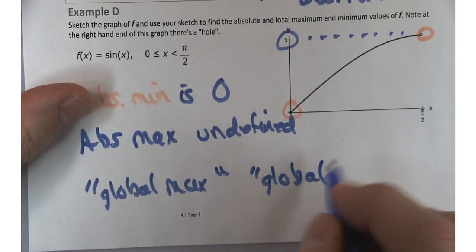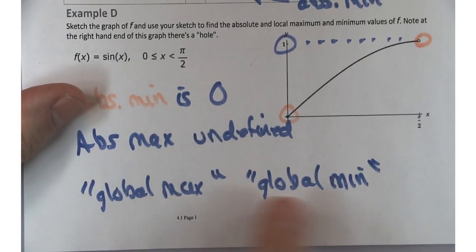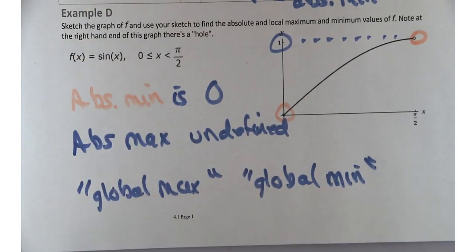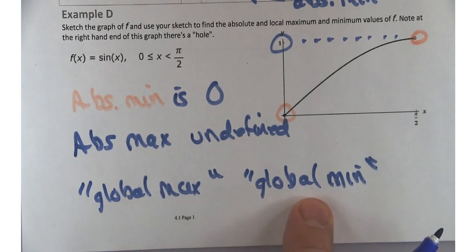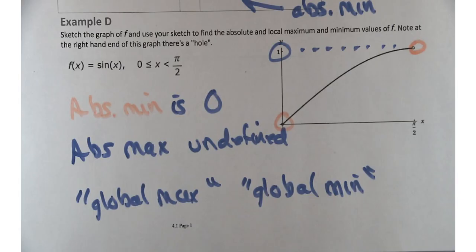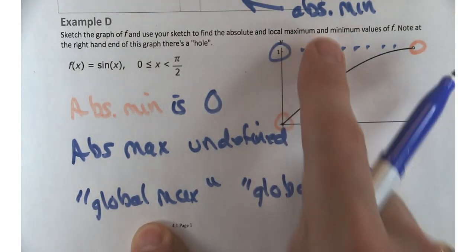That's probably because that's the way I learned it. It means throughout the entire function in its domain, what's the biggest that it gets, what's the smallest that it gets. So I'll use those interchangeably. I'll try and stick to absolute max and absolute min because that's what this book uses. But if I lapse, just understand that I really mean the same thing.